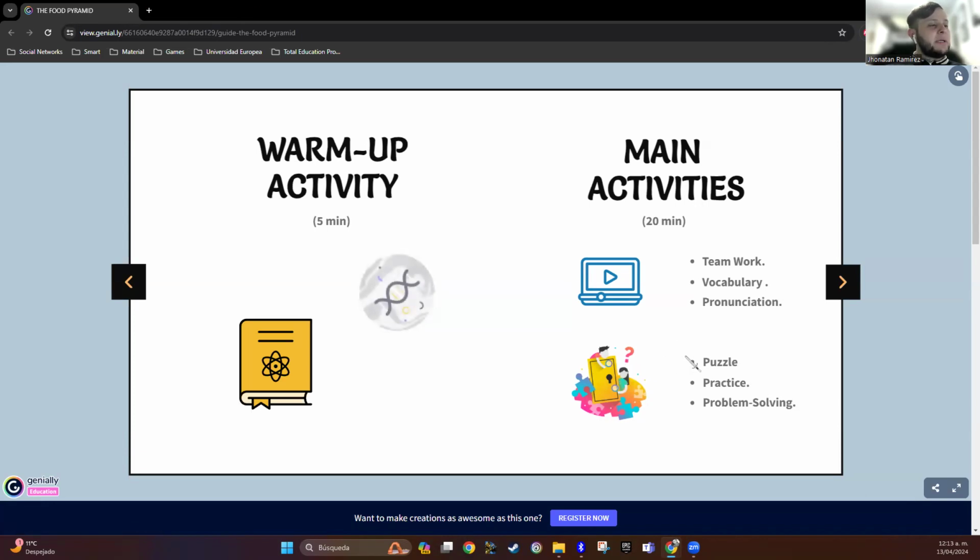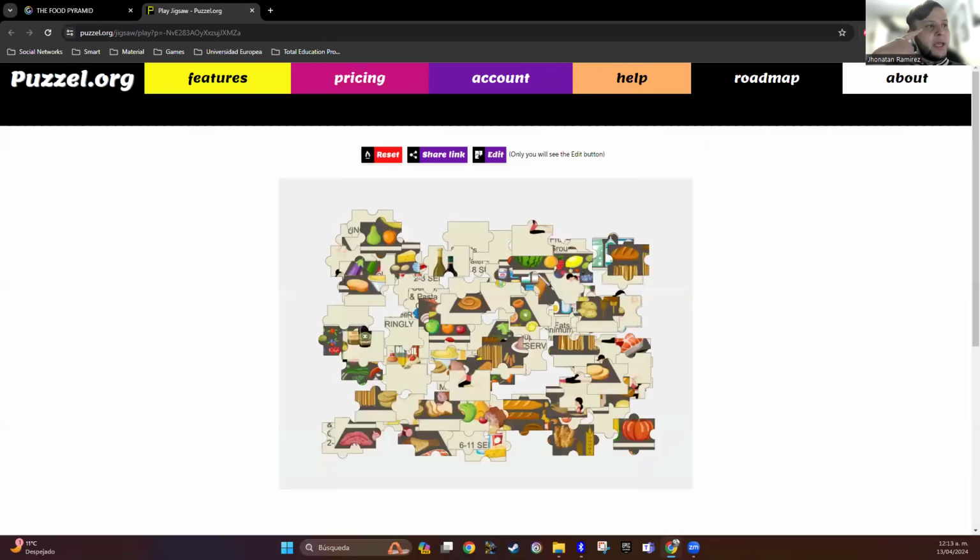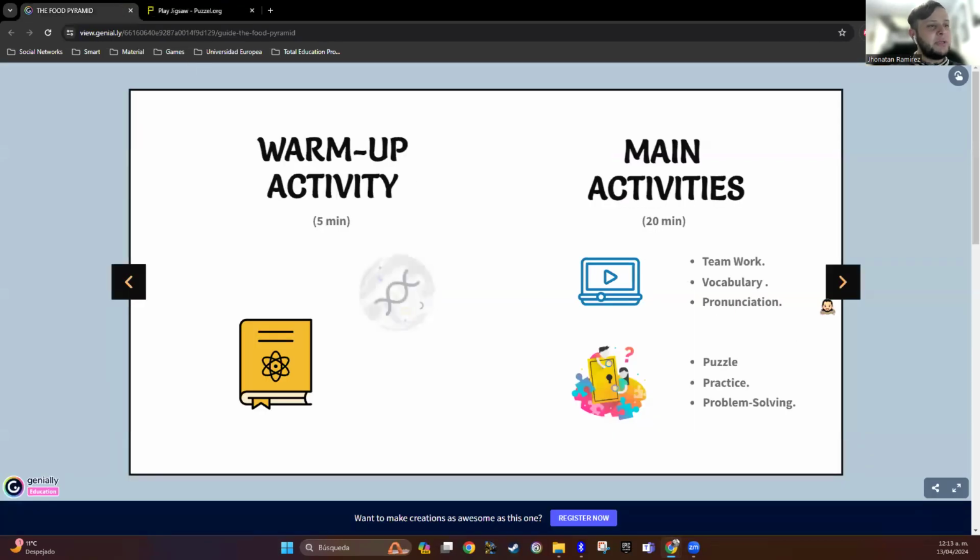And in the second one, my proposal is doing a puzzle, yeah? Where they will have to use their critical thinking and problem solving skills. In this one they are going to work in couples or in teams, depending on how many students there are in that class, okay.